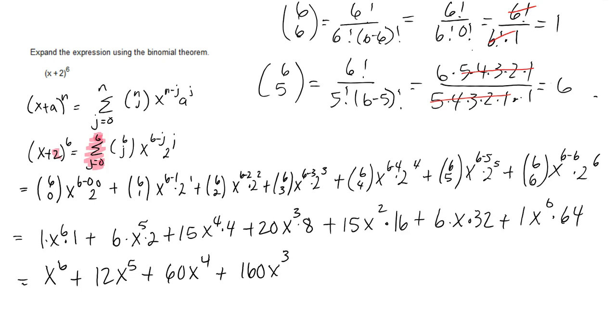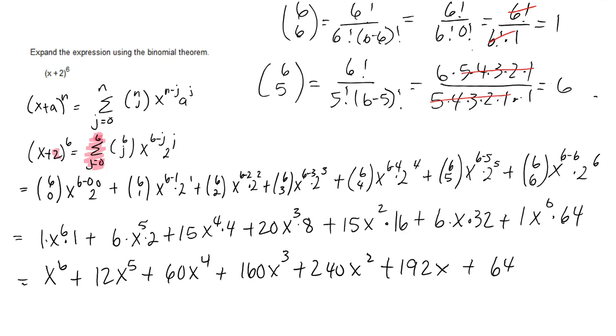We have 15 times 16, and that's 240, x squared. 32 times 6 is 192x. And 64 times x to the 0, x to the 0 is 1, so we just have 64. And that's our expanded binomial, x plus 2 to the 6th power.